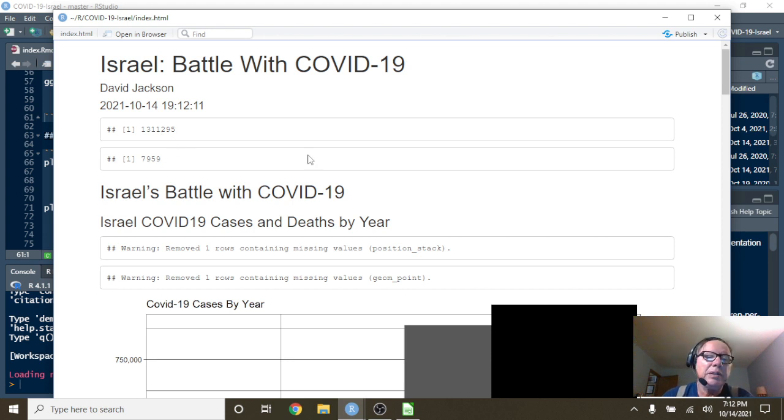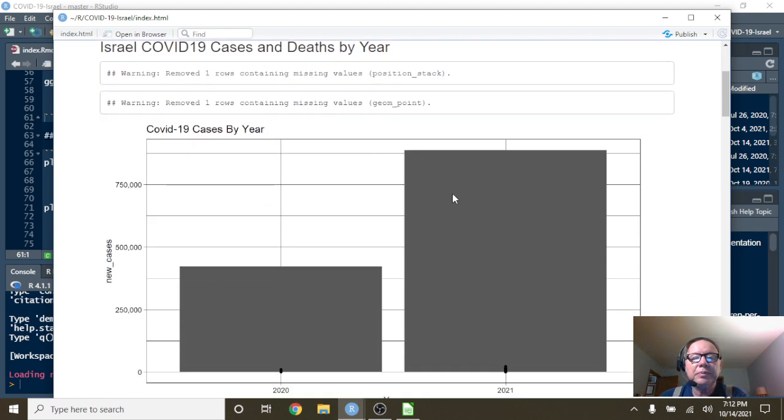Let's say 8,000 deaths. Now, what you can see here, you're pretty close to doubling your cases of 2020. But we have to be careful here, as always. First question we ask: how many people were vaccinated? Secondly, what's the distribution of these cases over time? Were they trending up or were they trending down?